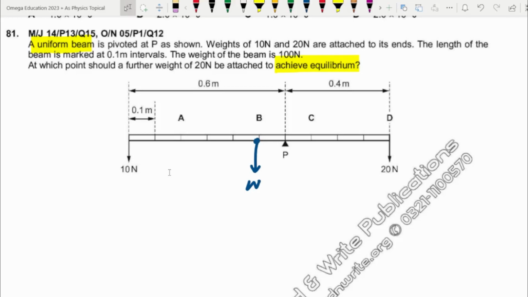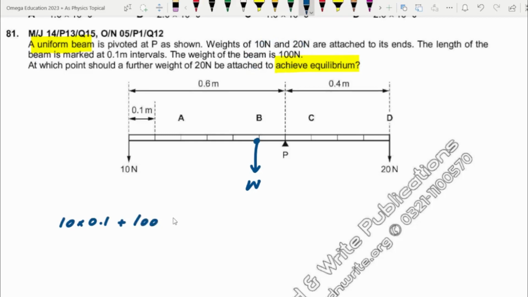Okay, we will calculate it indirectly. So what is the moment right now? 10 times 0.1 plus, that would also rotate anti-clockwise, W, and the weight of the beam is 100 Newton. Okay, given in the question over here.